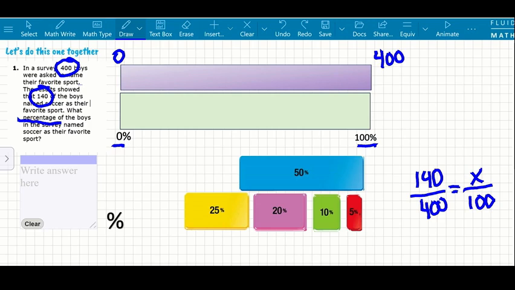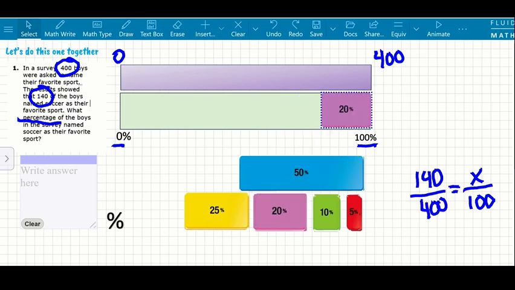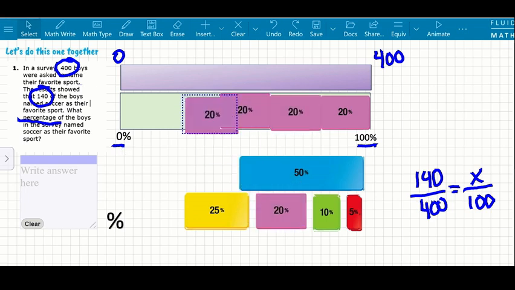Now, to identify what 140 represents, I need to break apart my percent bar with a number that goes easily into both 100 and 400, using the manipulative that I have on the bottom. The representation that best suits that is 20%, because 20 goes into both 100 and 400. So I'm going to drag it up until my percent bar is now full.